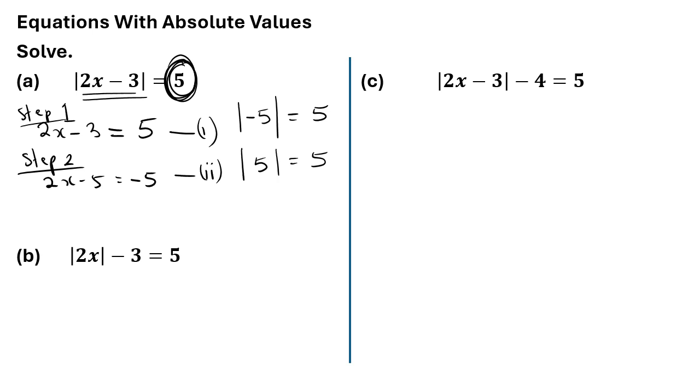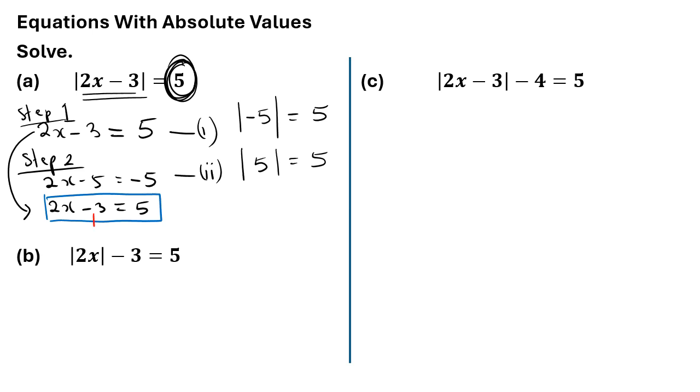If we take the one from step 1, it will be 2x minus 3 equals 5. I am going to change the colors, so let's solve with blue. Here we are going to add 3 to both sides.